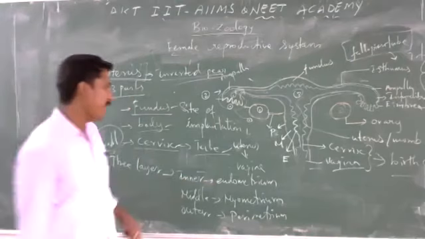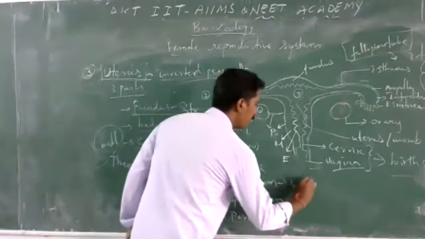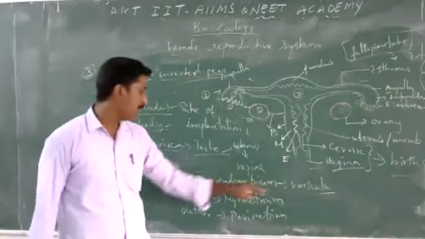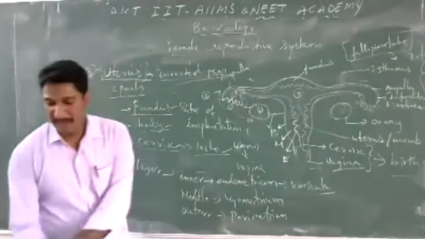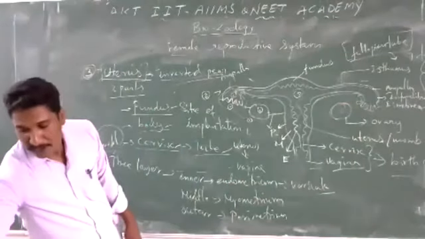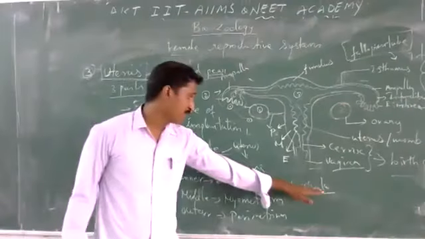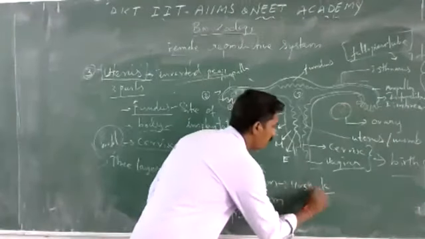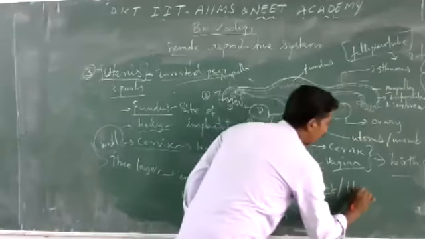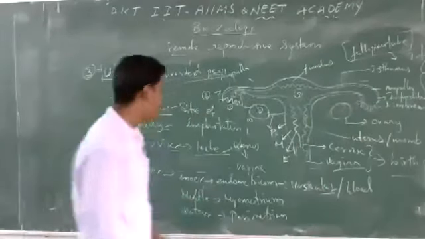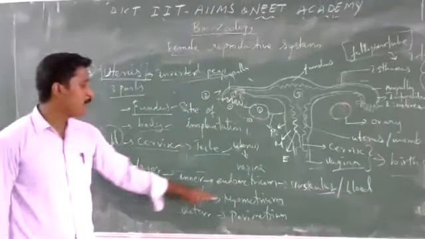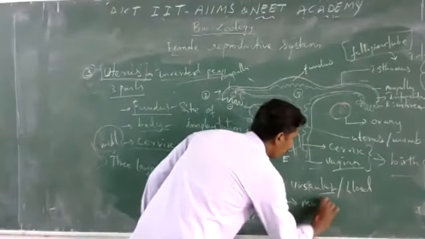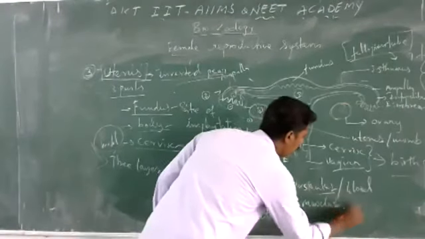This is mainly a vascular layer. Many blood vessels are present in the inner endometrium layer. And the middle myometrium is made up of a strong muscular layer.